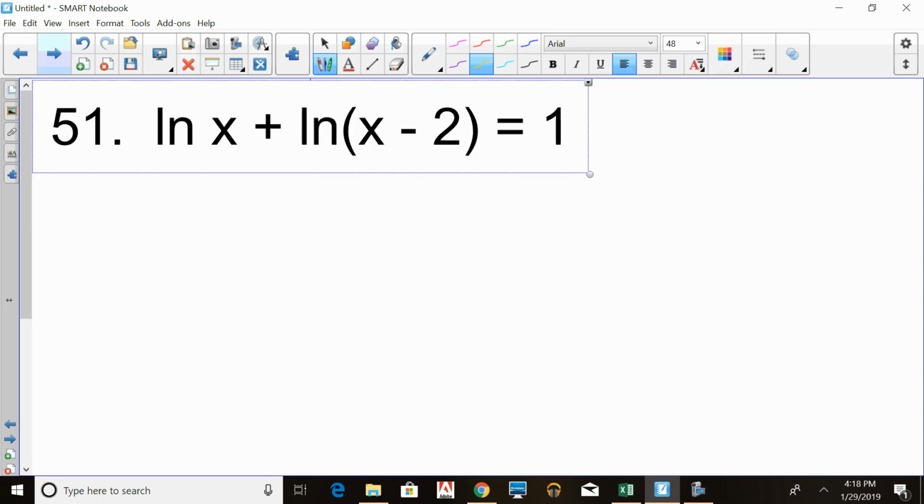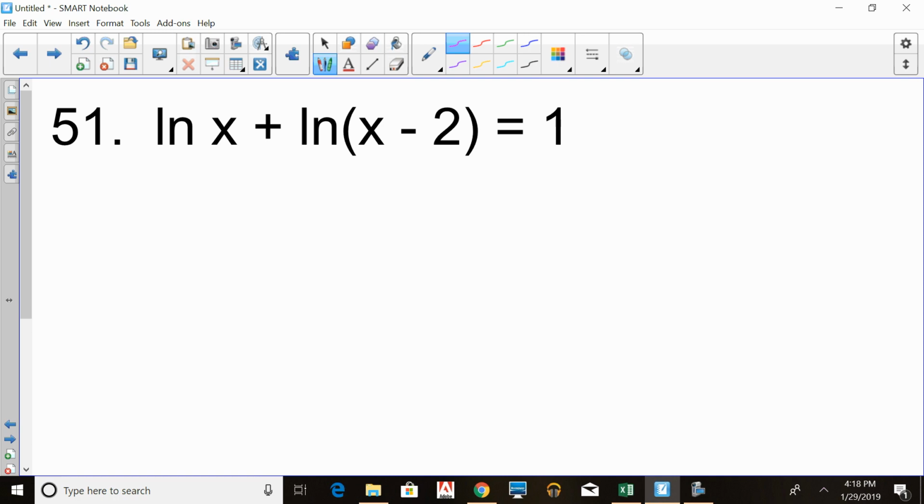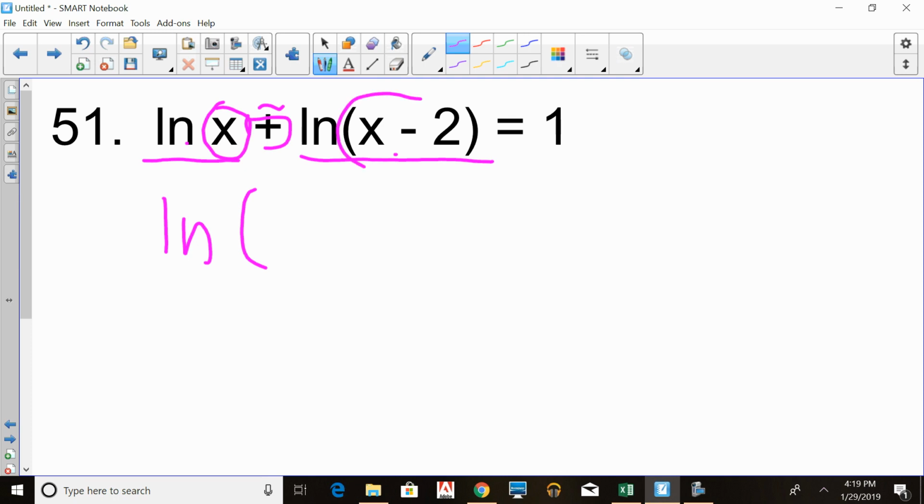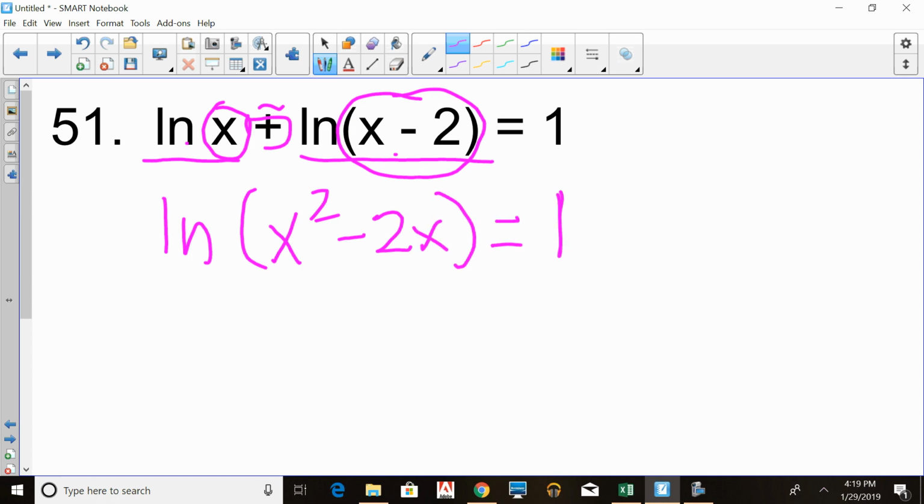Okay, moving on to the next one here, ln of x plus ln of x minus 2 equals 1. This is an interesting problem in that we have two different natural logs, and because there is addition in between, you can condense this expression down to ln of x times x minus 2, which would be ln of x squared minus 2x equals 1.